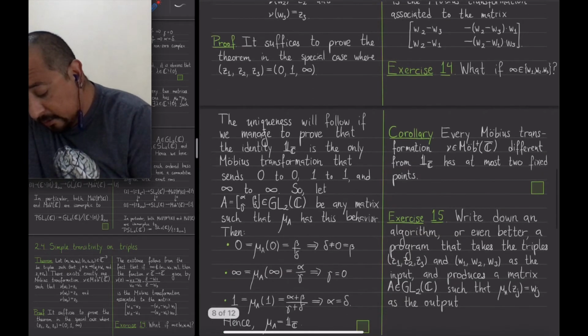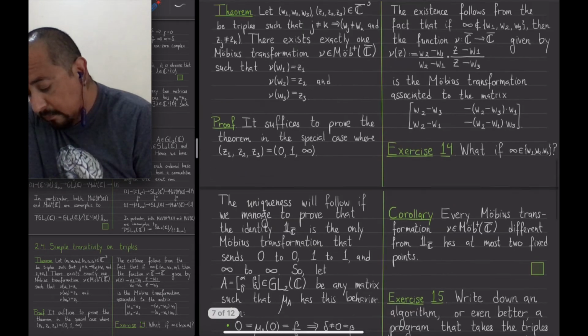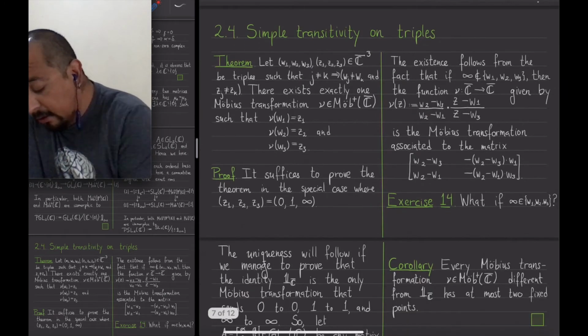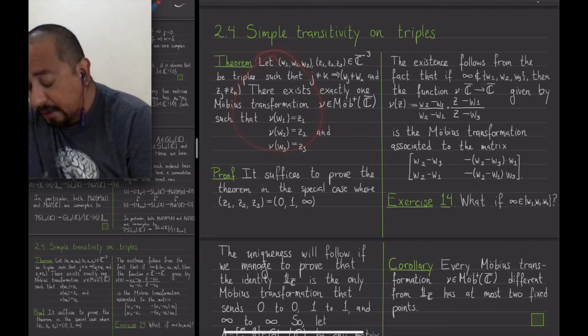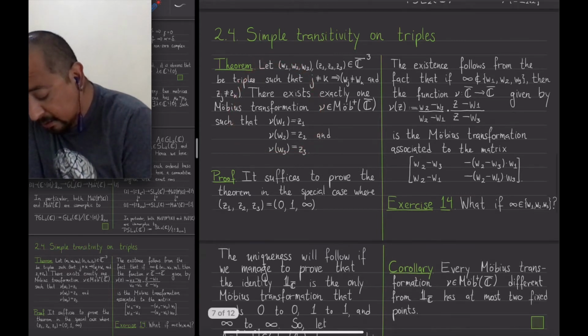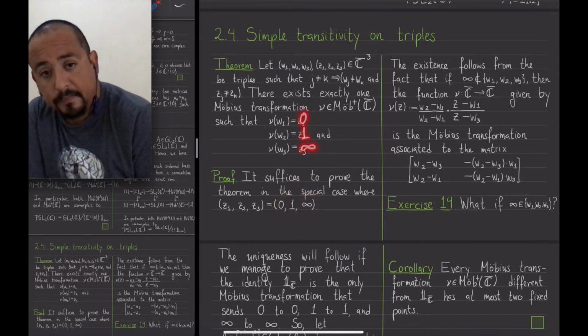Okay, so the theorem follows. Right, so summary of the theorem. First of all, the existence and uniqueness follow by establishing the very same theorem, but in this special case where one has 0, 1, and infinity.